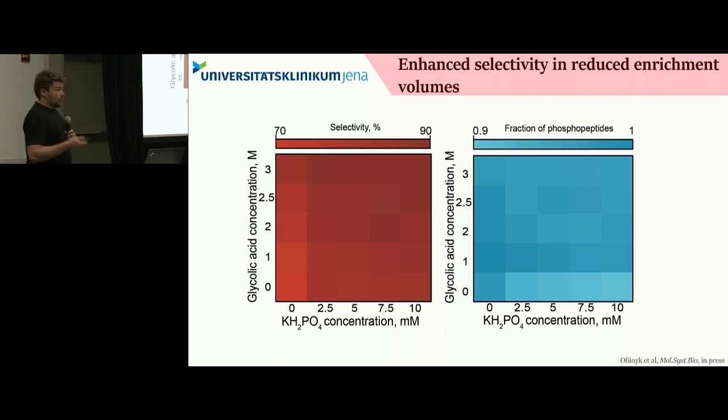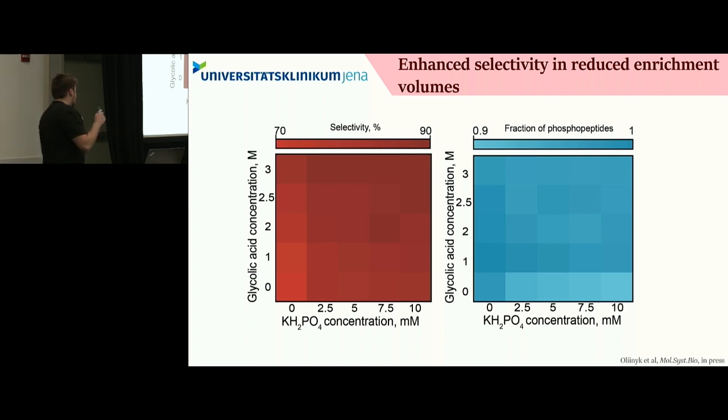At first, we didn't get anywhere because none of the selectivity agents could perform very well or optimally in our reduced volumes alone. But quite fortunately, we stumbled across the combination of several selectivity agents.